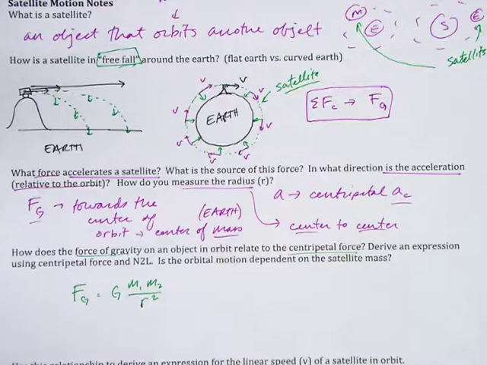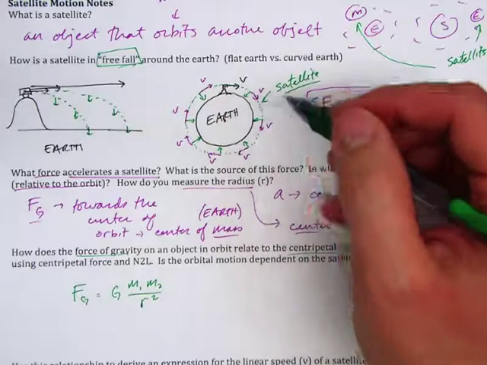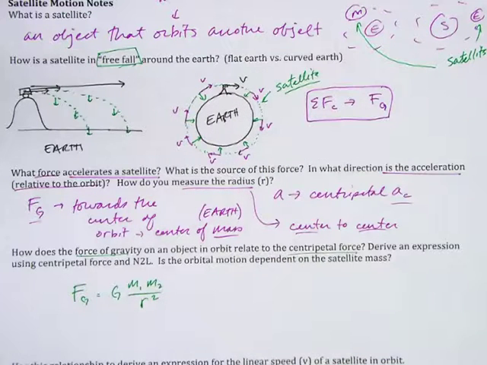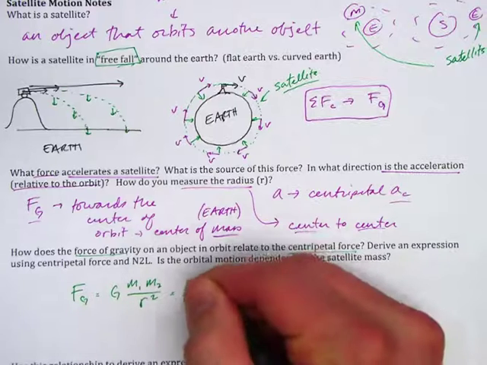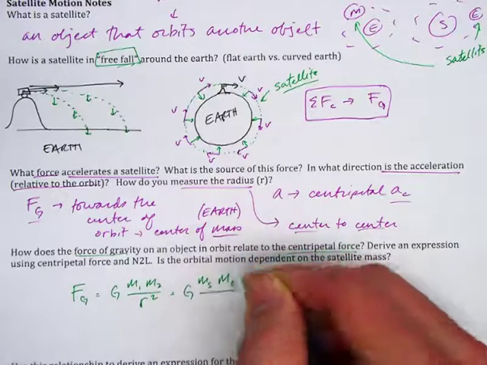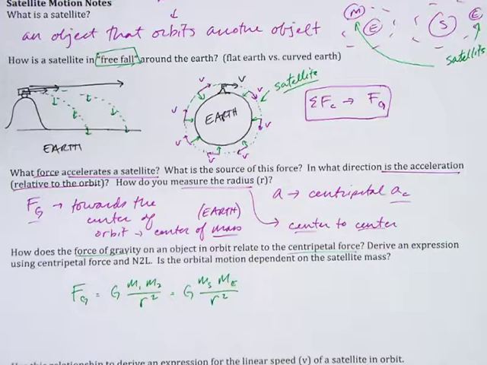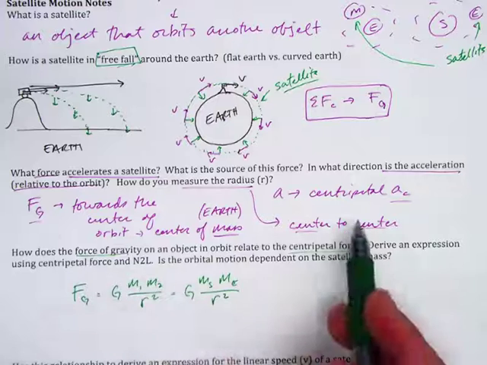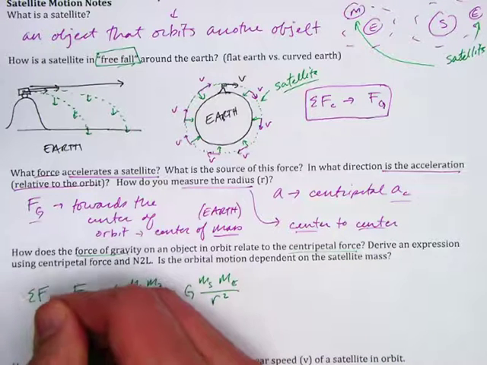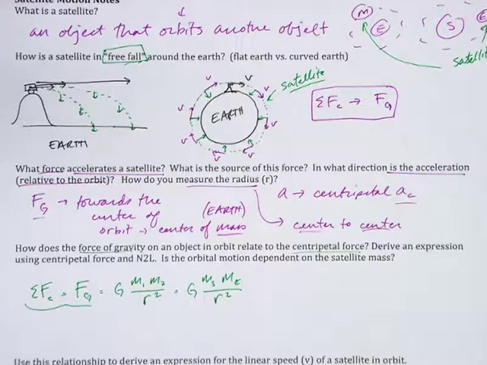If this is the force between a satellite and the Earth, for example, this becomes G, mass of the satellite, mass of the Earth, and then the orbital radius of that satellite squared. Well, since it's moving in a circular path, this force really is also a centripetal force, right? Force of gravity is a centripetal force pulling towards the center of the circular orbit.